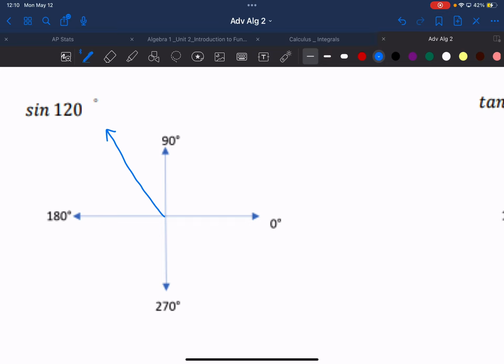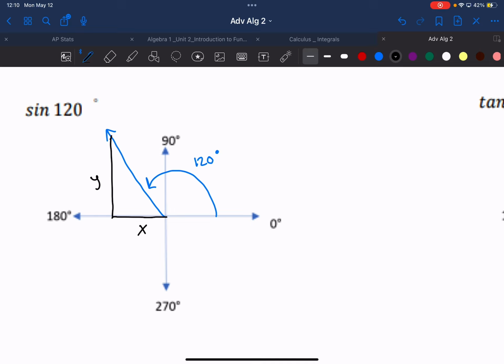And what I'm doing is I'm looking at my unit circle, and I'm following that same line that has the 120 degrees. Okay, and then I know that starting from the standard position going this way is my 120 degrees. Okay. Well, from that line, I'm going to draw a triangle. So I'm going to go down to the x-axis, and this is going to be my y, and then I'm going to connect it at the origin, and that's going to be my x.